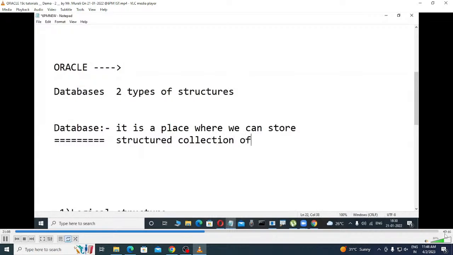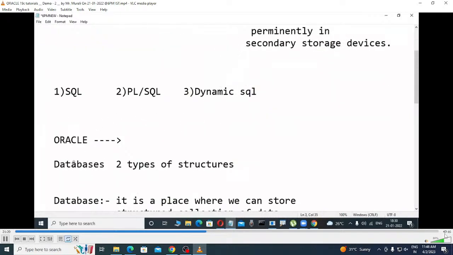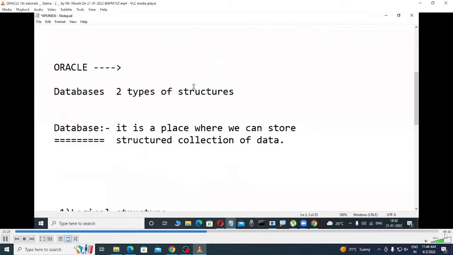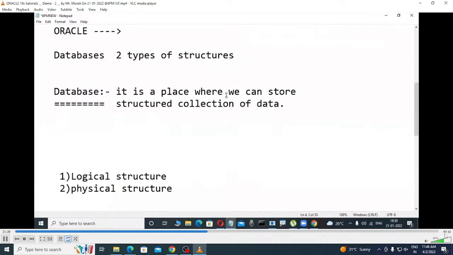What is data, what is information, what is DBMS, that is later. Whenever we are installing Oracle or any relational database software, what is a database actually? It is a place. Whenever we install this type of software, automatically some place is reserved in the hard disk. In that place only we can store a structured collection of data.